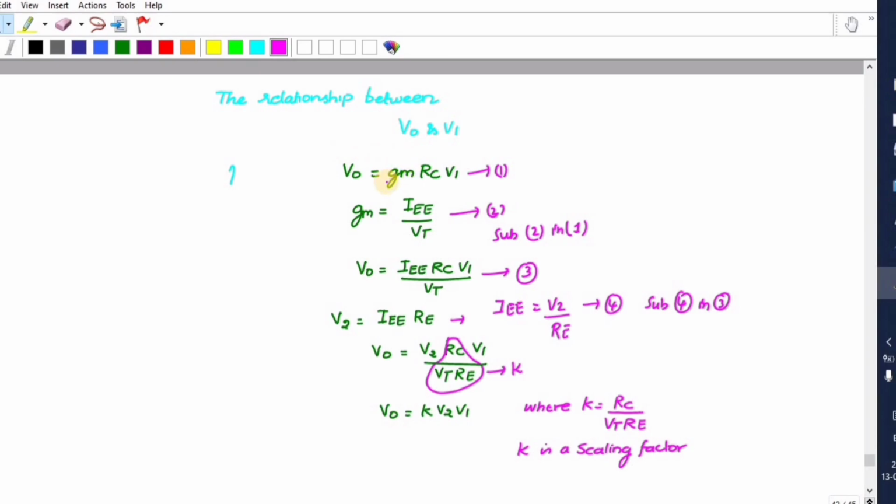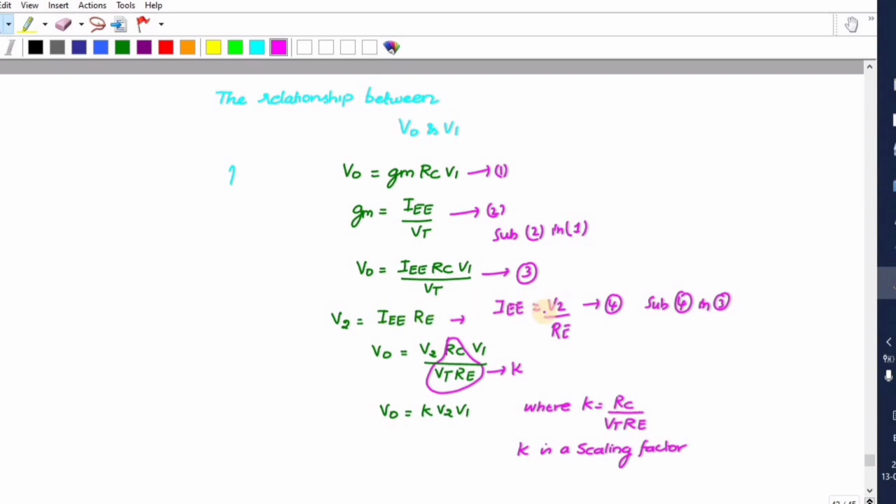I can write Gm is equal to IE divided by Vt. This is your second equation. Substituting the second equation in the first equation, we get V0 is equal to IE RC V1 divided by Vt. That is your third equation. From the diagram, I can write V2 is equal to IE RE, so IE is equal to V2 divided by RE.